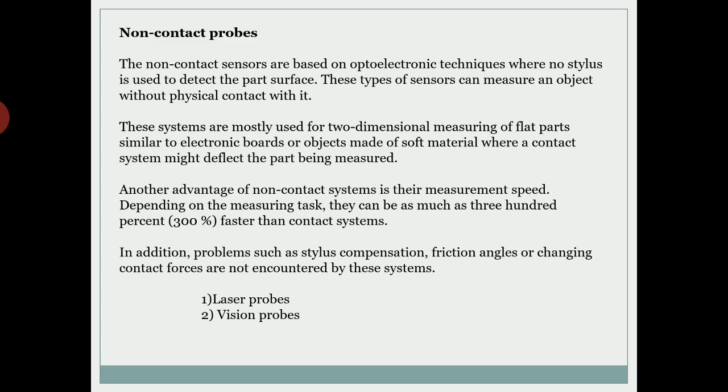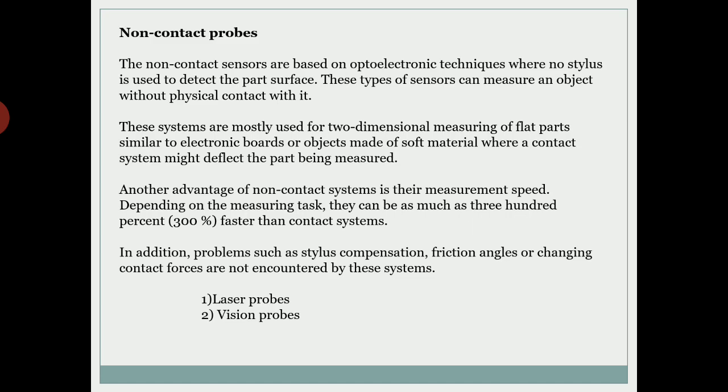Another advantage of non-contact type systems is their measurement speed. Depending on the measuring task, they can be as much as 300% faster than contact type systems. In addition, problems such as stylus compensation, friction, angles, or changing contact forces are not encountered by these non-contact type probes.